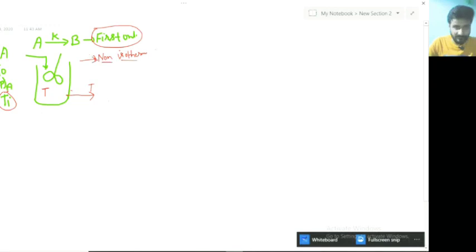Sometimes they ask you to calculate the volume of the reactor if a non-isothermal reaction is taking place inside the reactor. So what you need to do: you are given the rate constant K1 at a particular inlet temperature Ti.